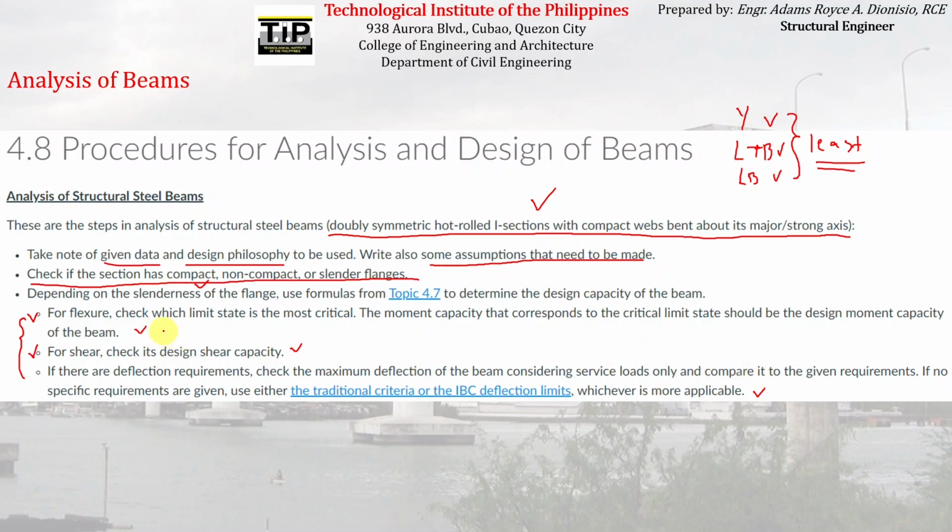You have to check the capacity with respect to resisting flexure, the capacity with respect to resisting shear force, and the maximum deflection that can be offered by the steel beam, which must be within the limitations of the code.